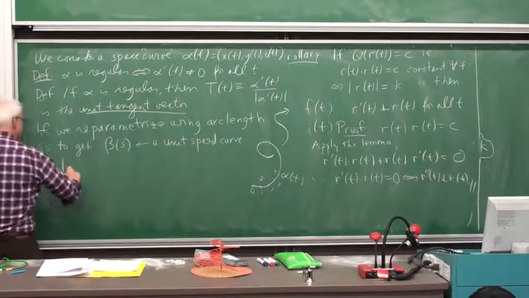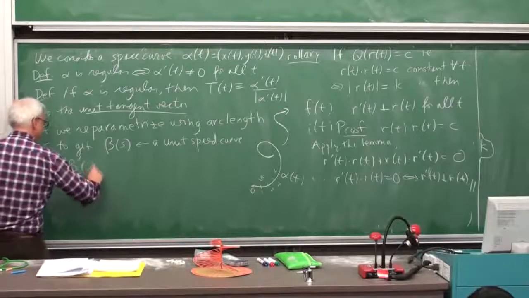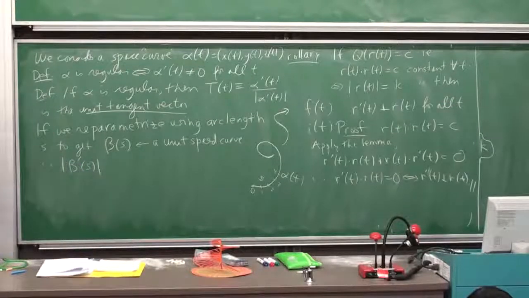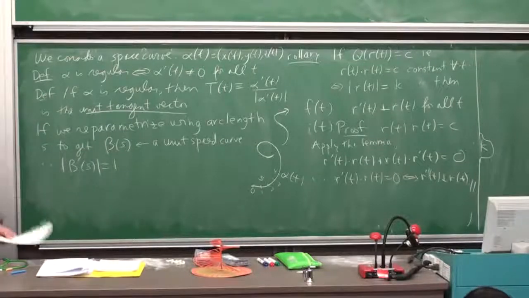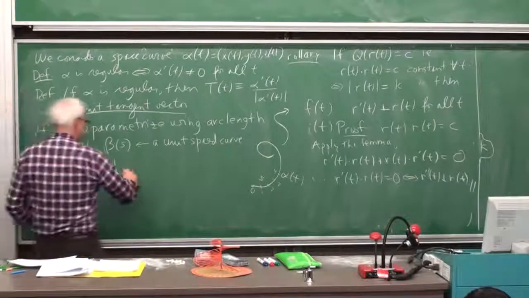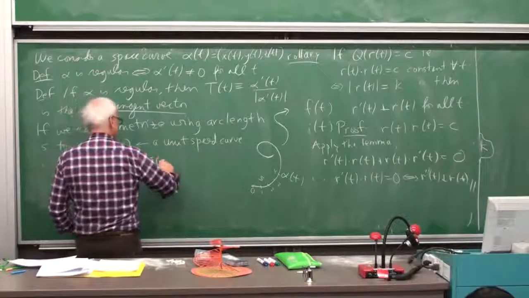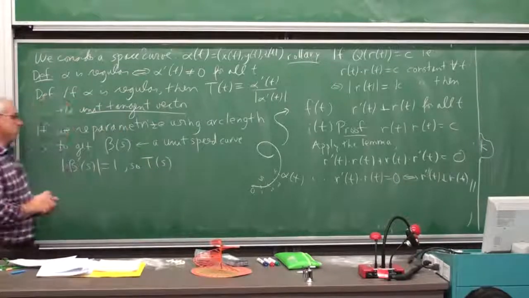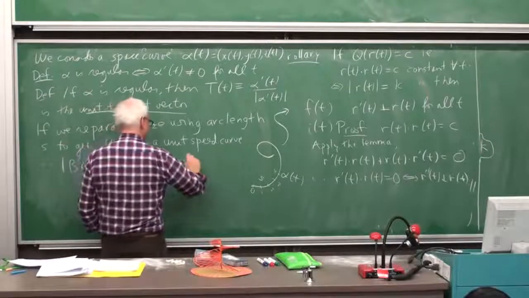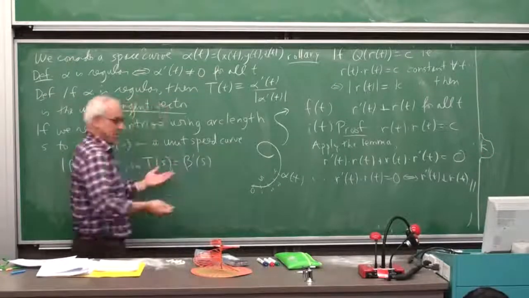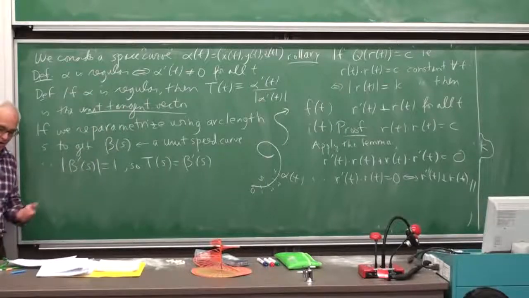So then the length of its tangent vector is going to be 1. And then this unit tangent vector is just beta prime itself. We don't have to divide by the length because it's already of length 1.